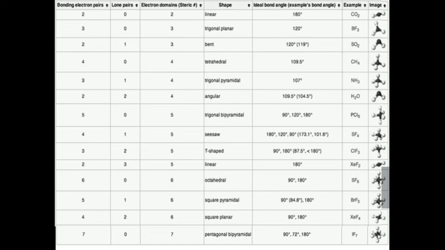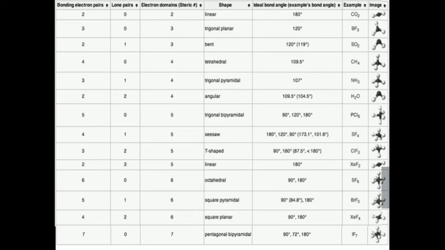We have bent, like sulfur dioxide, bent because of the VSEPR effect. Atoms are being pushed because of the strength of the lone pair or non-bonding electrons. Tetrahedral, we have the same angle, 109.5 degrees.